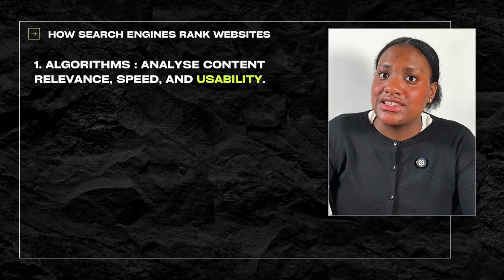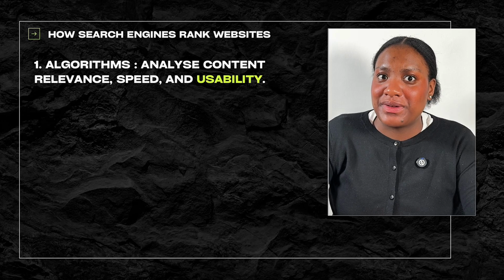Pages with more high-quality links are often seen as more valuable and are ranked higher in search results. However, PageRank is not the only factor influencing rankings. Search engines use complex algorithms that consider a variety of elements, such as content relevance, site speed, and mobile usability.